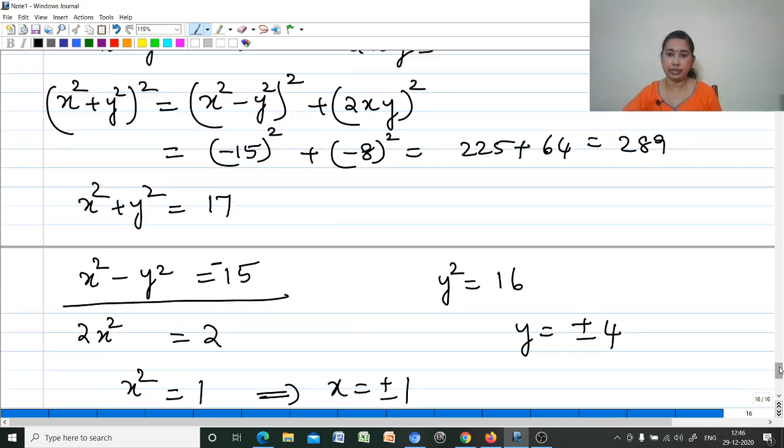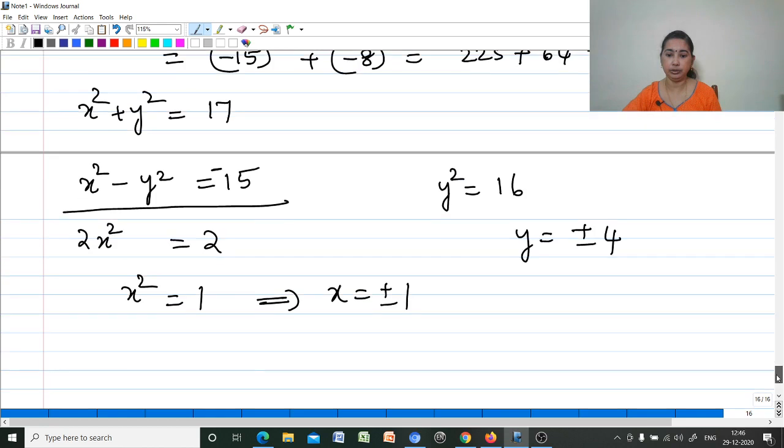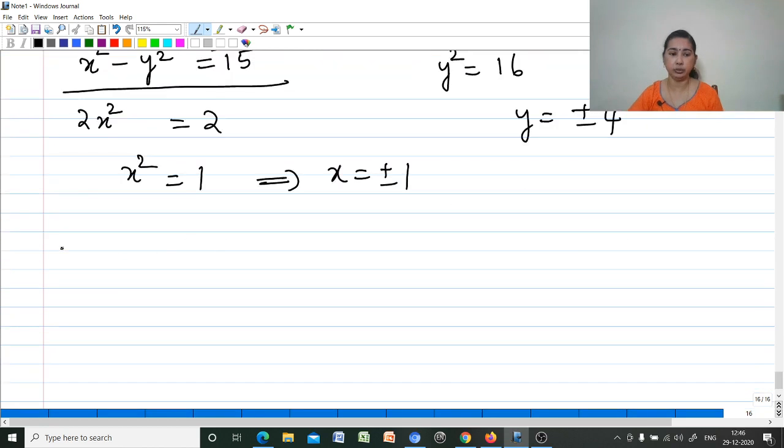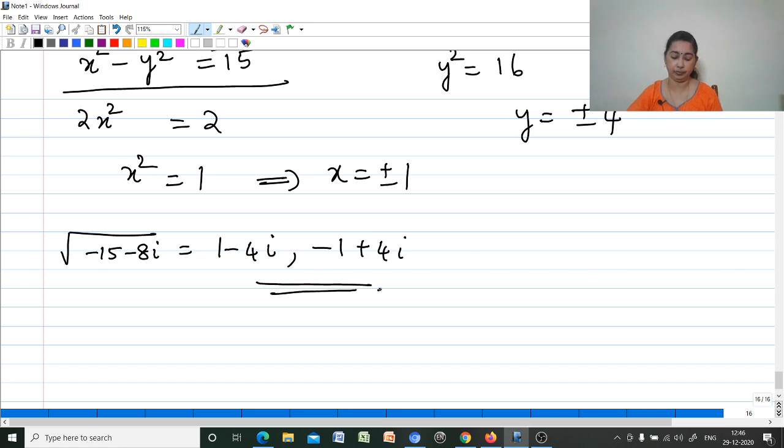And given that x into y is a negative value, the square root of minus 15 minus 8i is either 1 minus 4i or minus 1 plus 4i. These are the square roots of this.